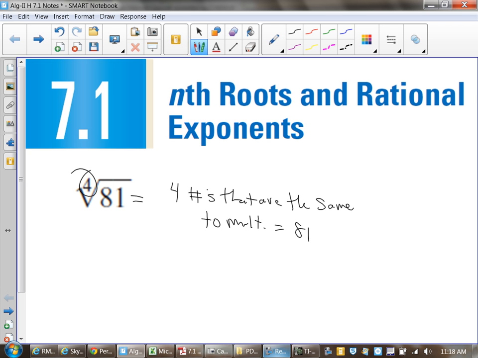That's what that means. Since this nth root, if you will, is an even number, and we'll get to that in a second, that's basically 3 times 3 times 3 times 3, or negative 3, negative 3. So the fourth root of 81 would be plus or minus 3.